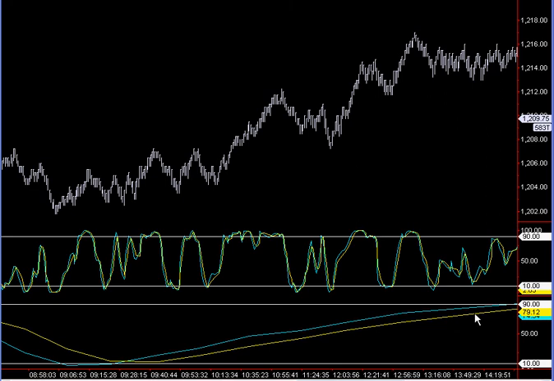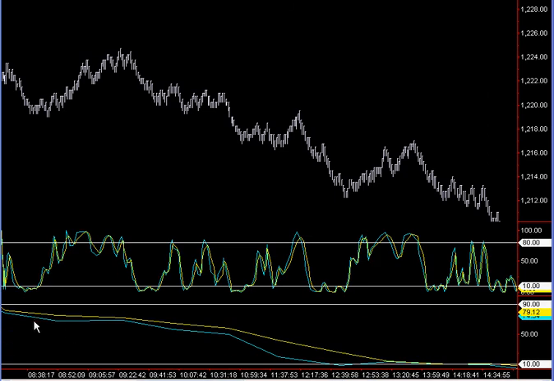Let's take a look at a short. Here we have the large contract sloping down. So now what we do is we look for overbought conditions on the faster tick bar interval. We have those conditions right in here. And ultimately we get a big move down.